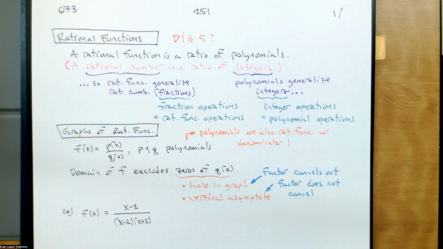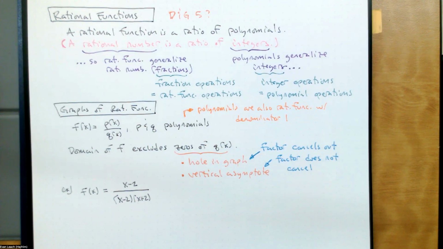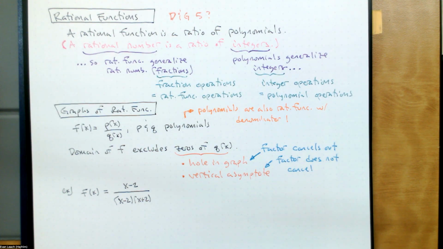We have mentioned this before, but it bears repeating. So if I have the function x minus 2 over x squared minus 4, I'm just going to give the factored form. We can see that there are two excluded values. x cannot be 2 or negative 2.